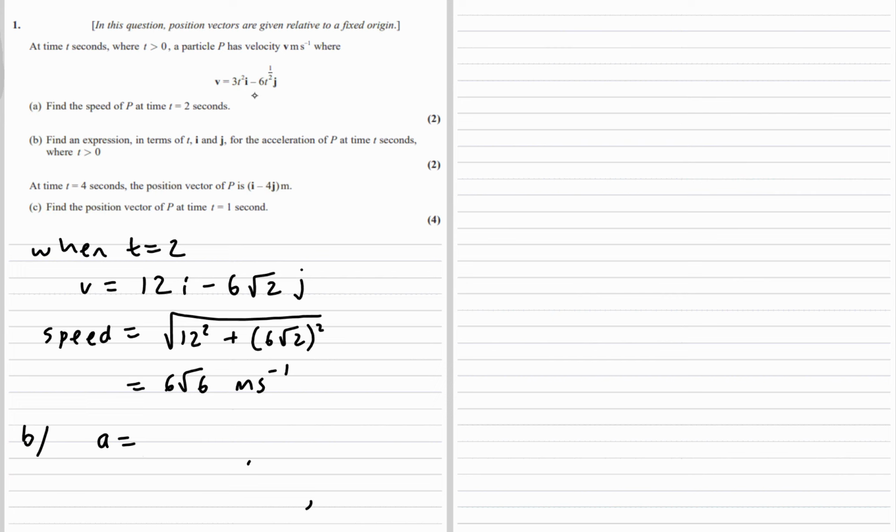So times by the power, take 1 off the power, so that would be 6t i, and times by the power, so negative 6 times a half is negative 3, and take 1 off the power, so a half take away 1 is minus a half. So we've got 6t i minus 3t to the power of minus a half j.